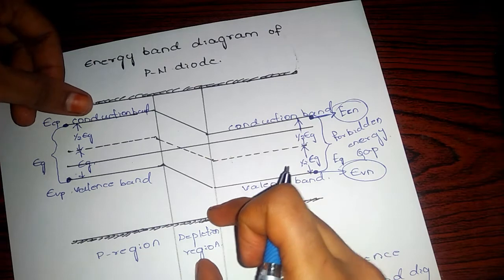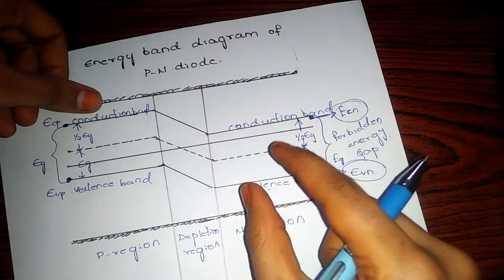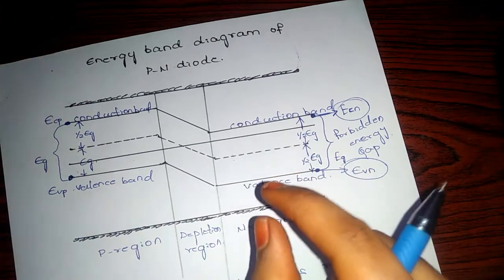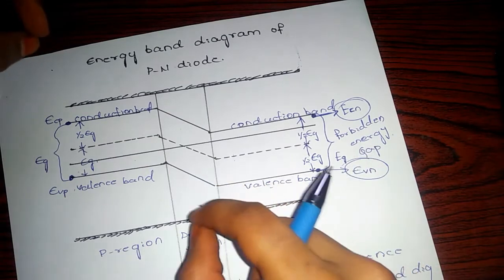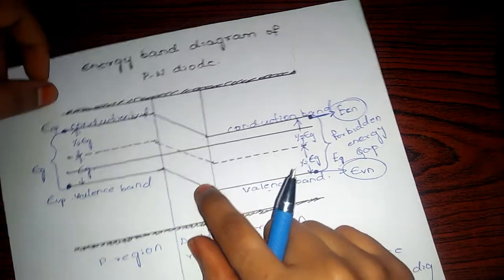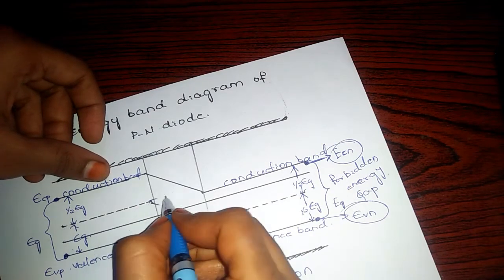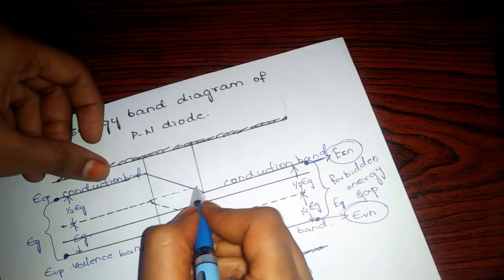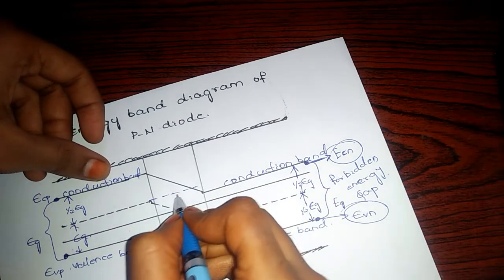Now the depletion region has one notation, E naught. E naught is nothing but the energy of the electron in the depletion region. It is the reference level from the center part to here, this center portion.